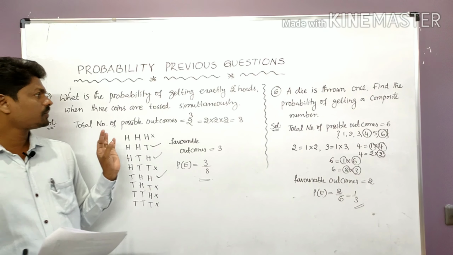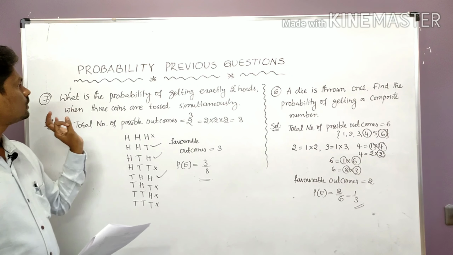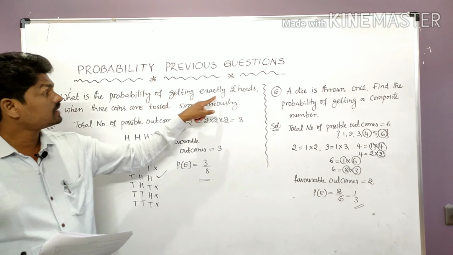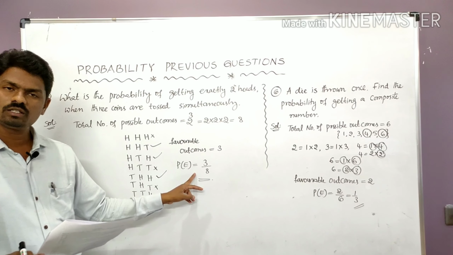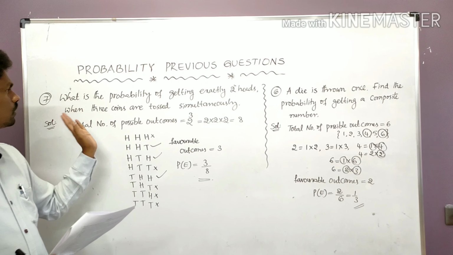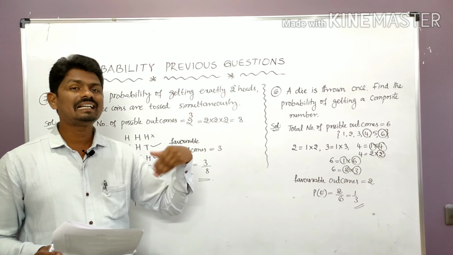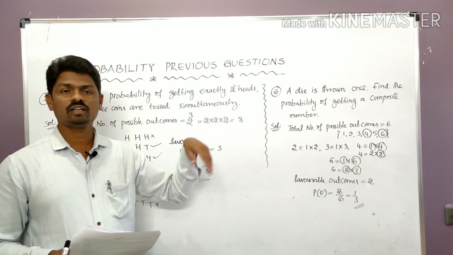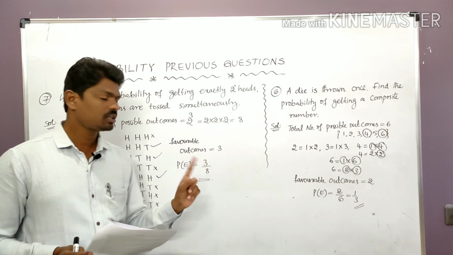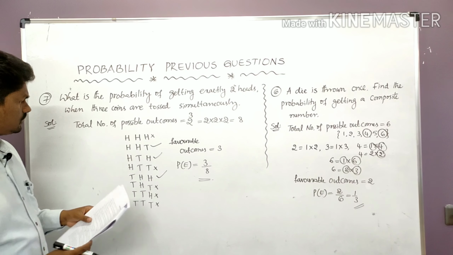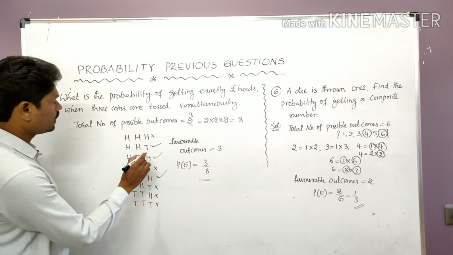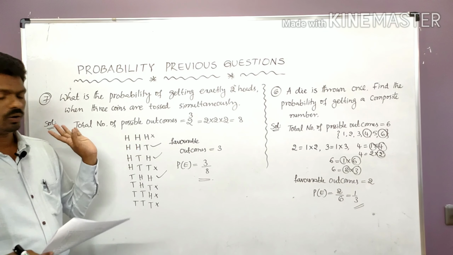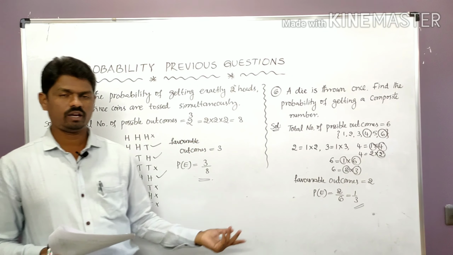See student, with adding one word, the problem totally changes. What is the probability of getting exactly 2 heads? It is 3 by 8. If he asks, what is the probability of getting at least 2 heads? Instead of writing exactly, if you write at least 2 heads, then the answer changes. At least 2 heads means you have to take the 3 heads also, then it becomes 4 by 8.